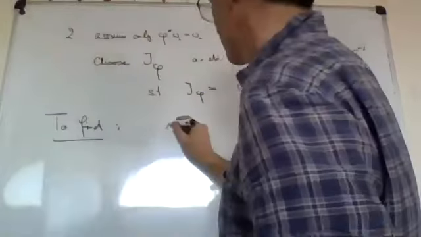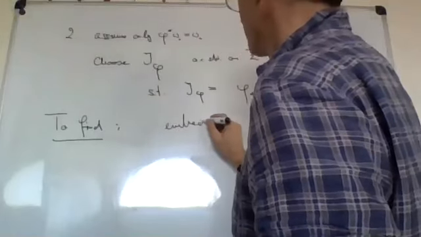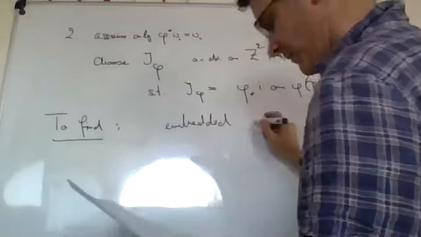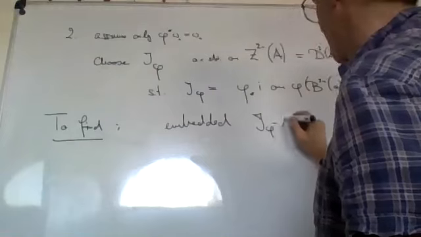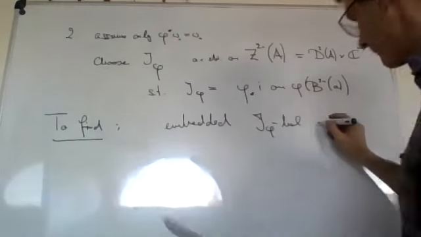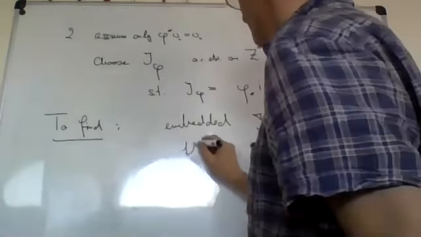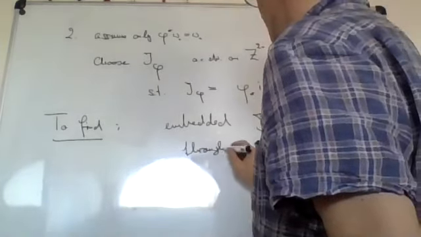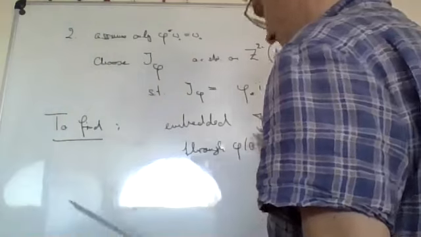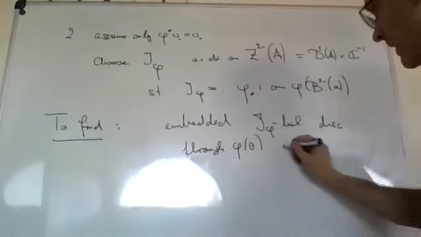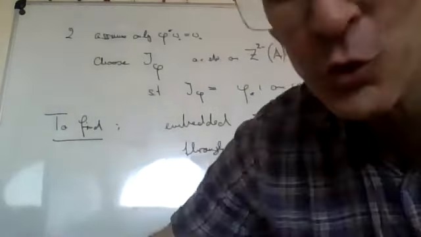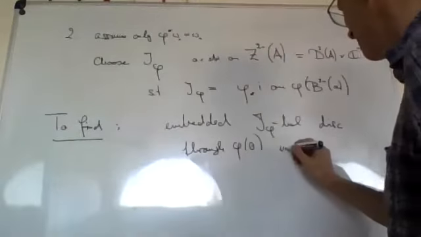And all we have to find is an embedded disk through phi of 0. And somehow it should go to the boundary, right?